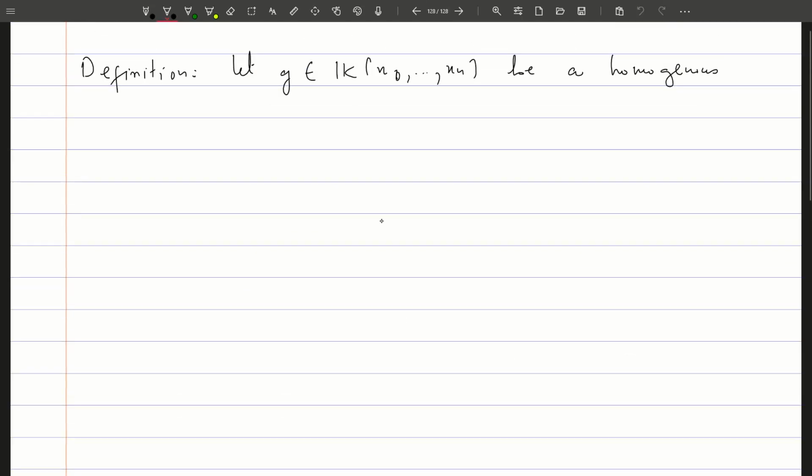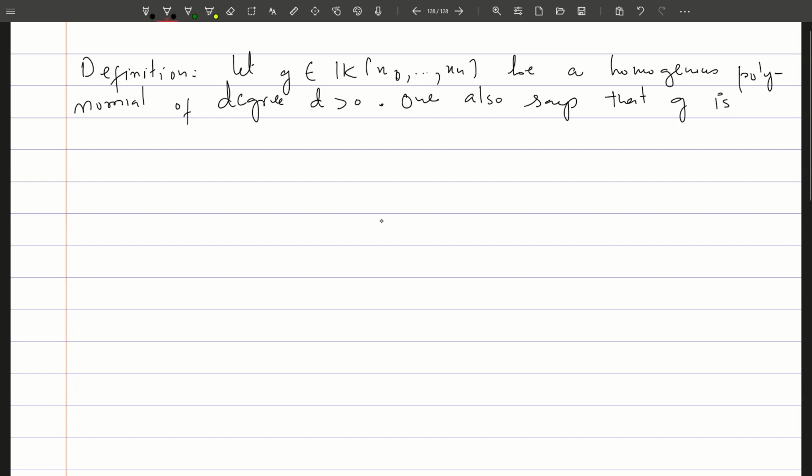So this is a homogeneous polynomial of degree, say d greater than 0. One also says that G is a form of degree d.